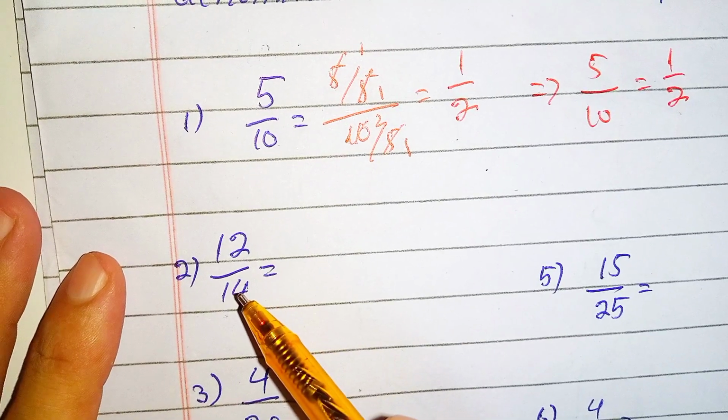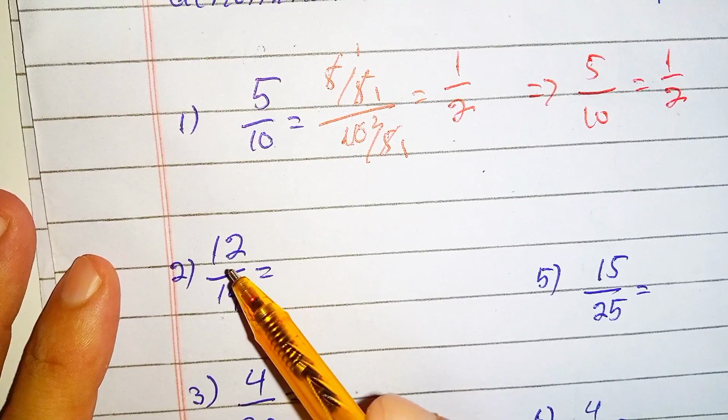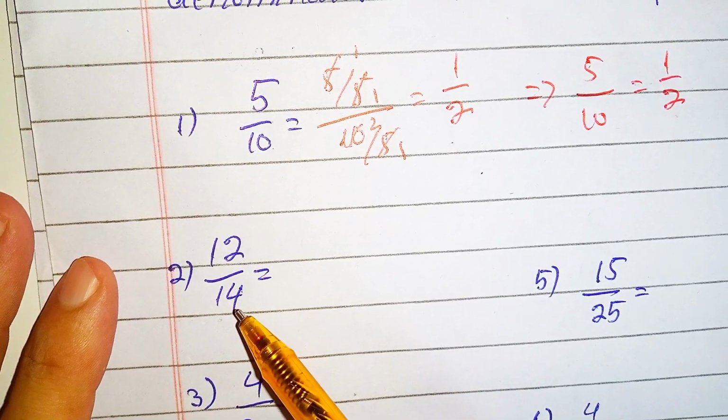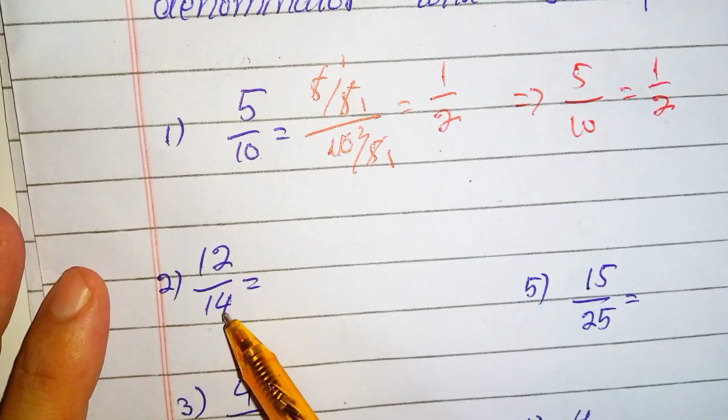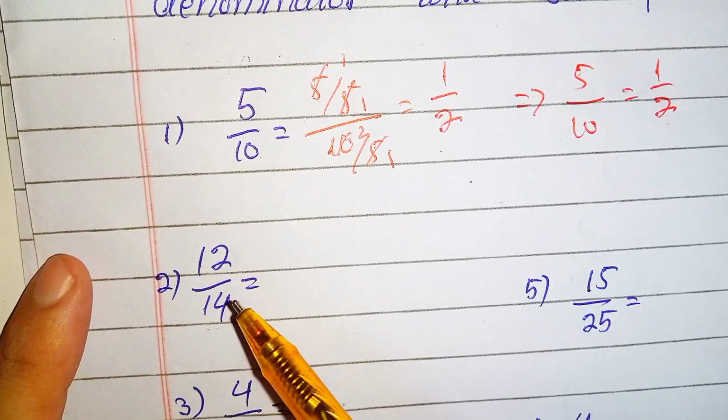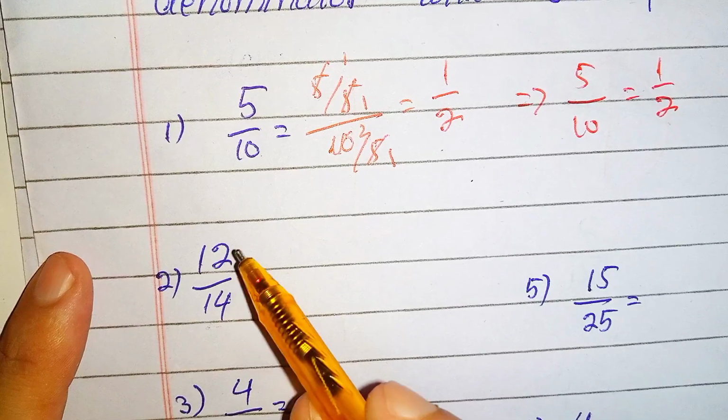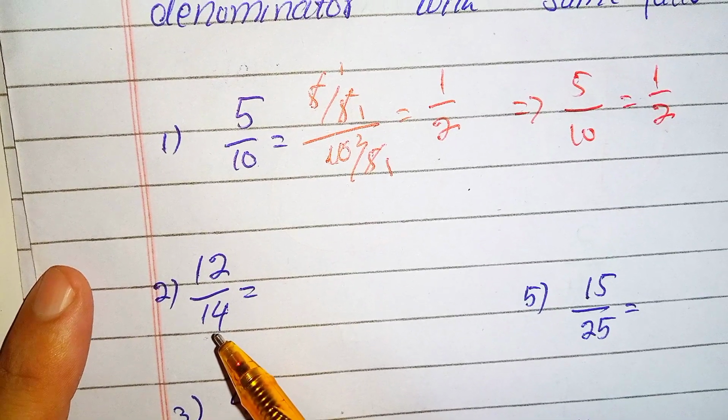Here is another example in which we have to simplify the 12 over 14 fraction. Again we will divide the numerator and the denominator with the same factor. There is one factor that divides 12 and 14 simultaneously, which is 2.